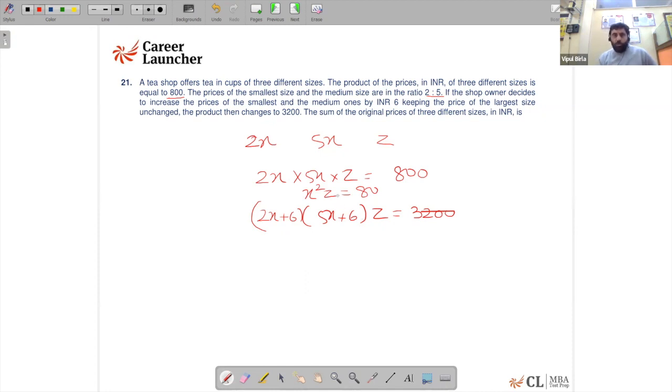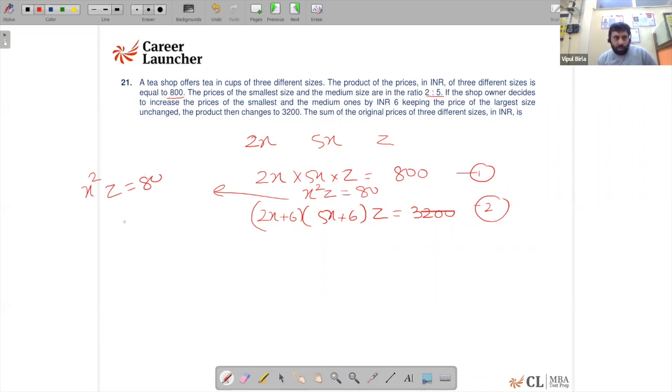Now we've got two equations with two unknowns. So now there are two ways of looking at it. One, we divide equation 1 with equation 2 so that Z will cancel and I end up getting two values of x, and based on that we'll be able to identify. Second is we can also do this. I know x square into Z is equal to 80.